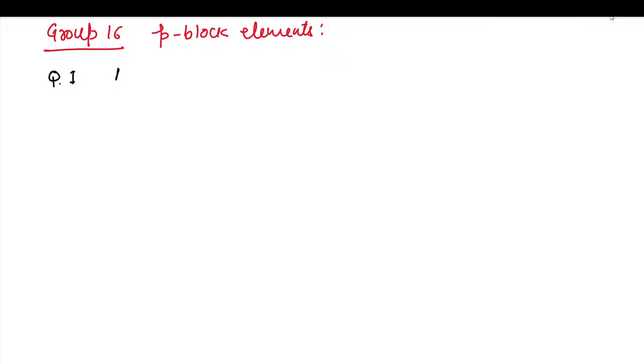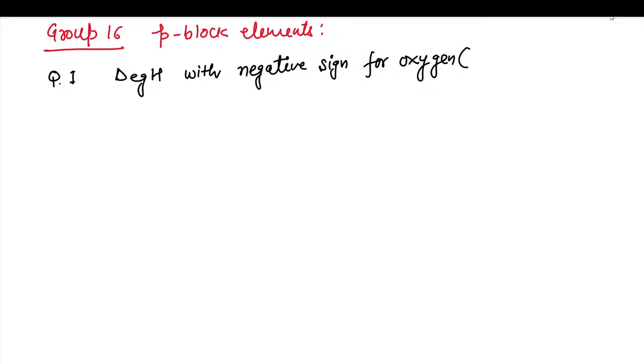Question number 1: electron gain enthalpy with negative sign for oxygen, that is minus 141 kilojoule per mole, is less than that of sulfur.